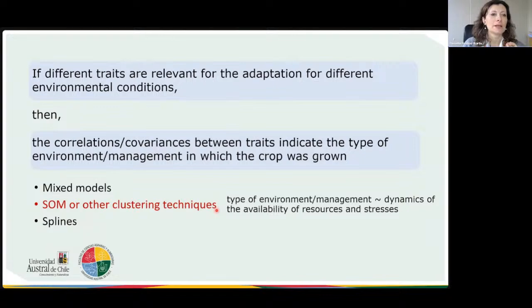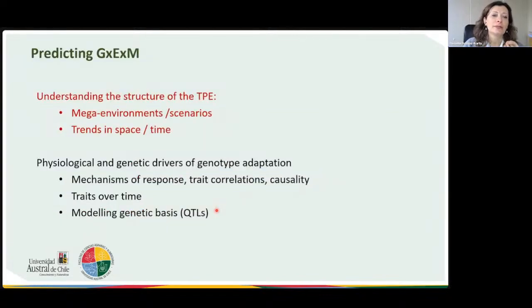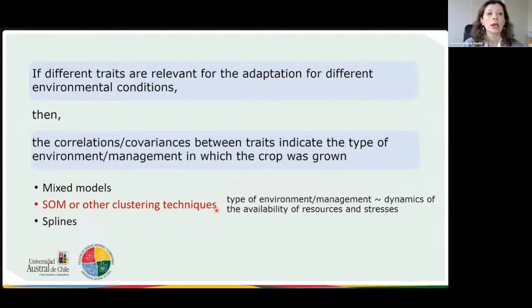The logic here is that we try to group trials into mega environment scenarios. If these mega environments, or groups of environments, really have a particular type of stress, for example well-watered and water stress, then the same traits should be driving adaptation to those environmental contrasts.